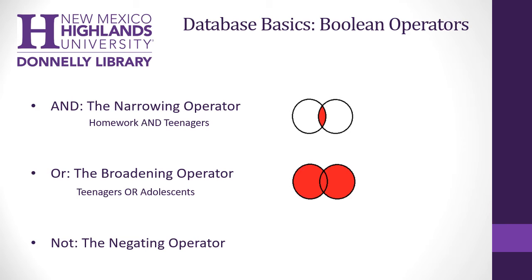We can create the search question teenagers NOT children, and the database will provide articles on teenagers and exclude articles on children. But do notice that this also excludes articles that may contain both terms, articles that might actually be useful. So use NOT sparingly and only in certain situations.